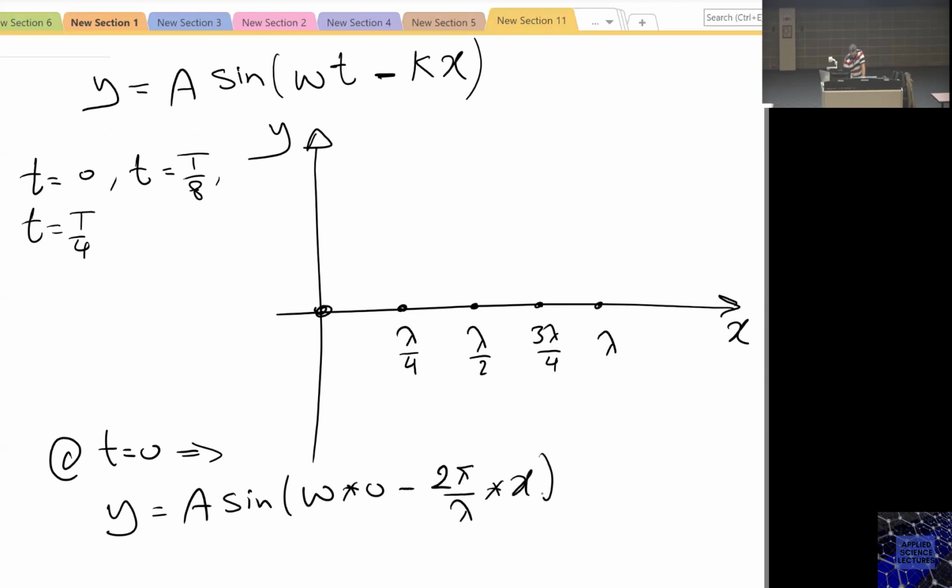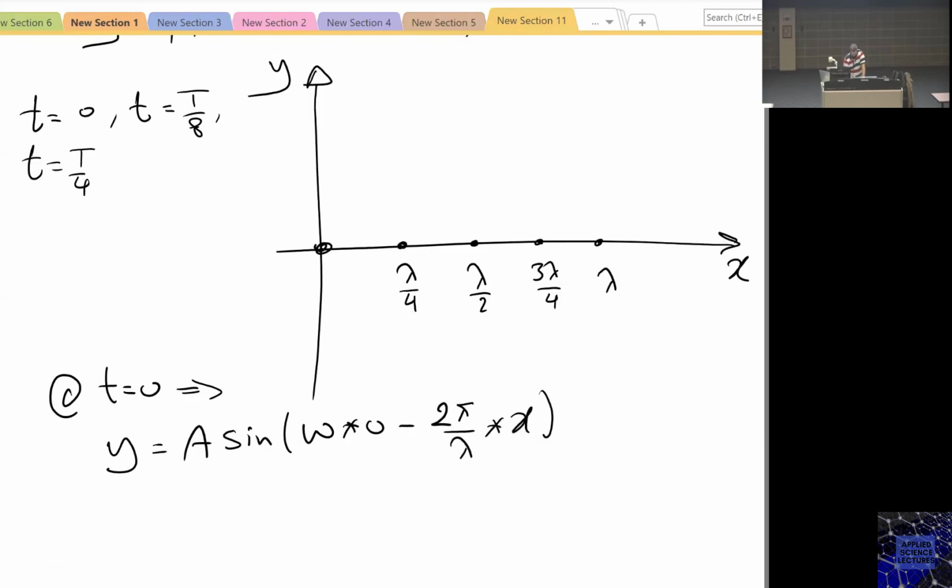So now my function for t equals 0 becomes the following: A sine minus 2 pi over lambda times x. This is the function that I want to plot in the space domain. This represents the wave at t equals 0.